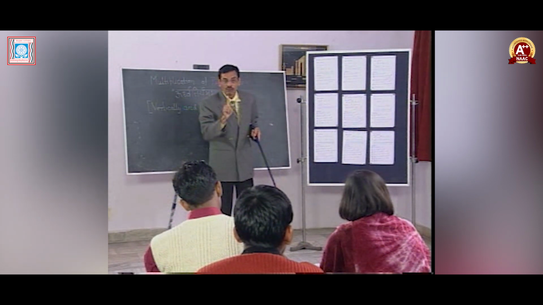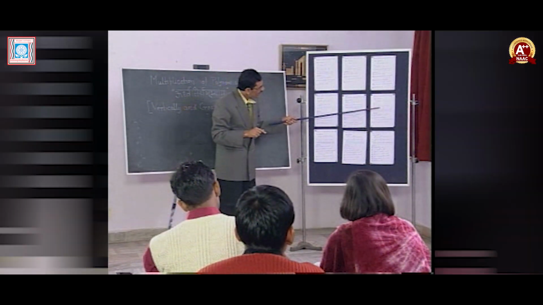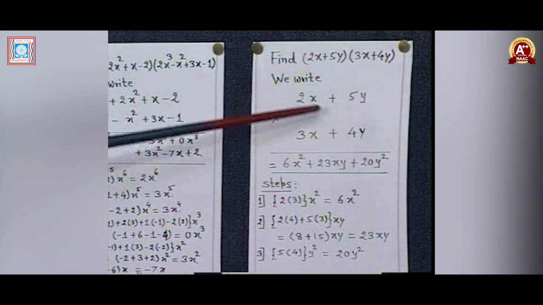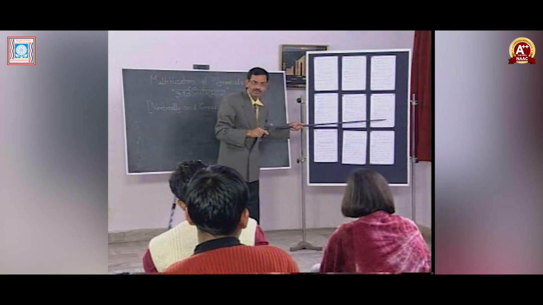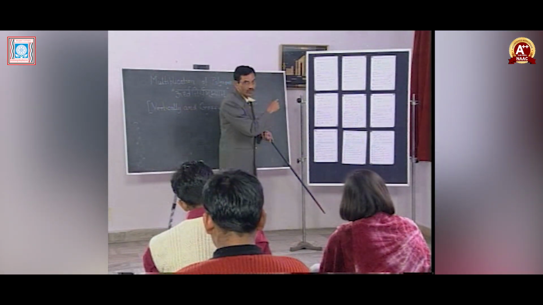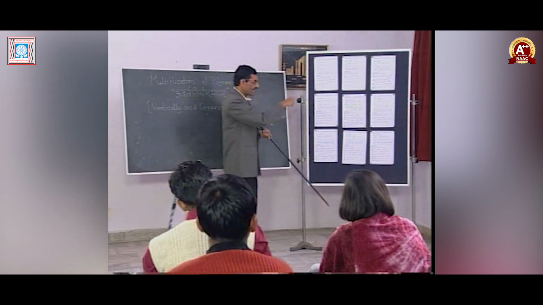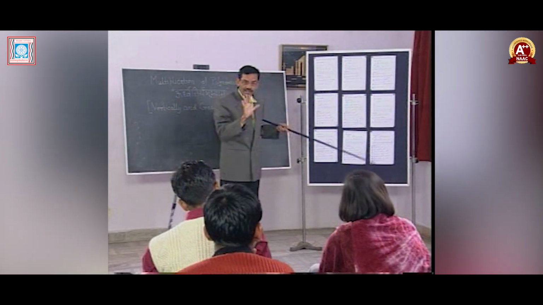That will not change. What is the change in that case? If it is z here, x square will be as it is. I will get a term in xz, then I will get a term in xy, and I will get a term in yz. That will be the difference. But vertical multiplication of coefficients, first cross and then again vertical multiplication of the last coefficients, that remains the same.